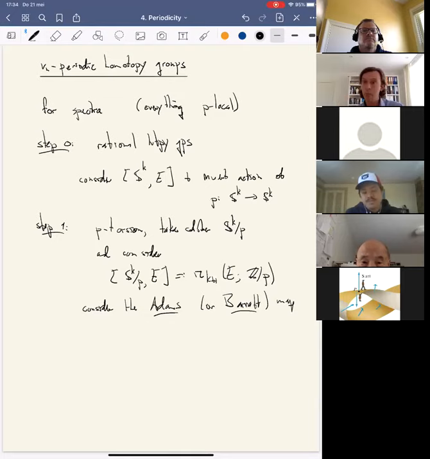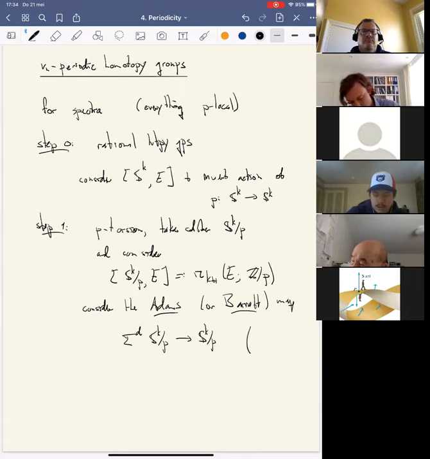So this is a self-map of the mod p Moore spectrum, but now it includes a degree shift. So it's really a map that goes from some suspension of the mod p Moore spectrum to itself. And this specific integer d is actually 2p minus 1 if p happens to be odd, and you have to take it to be 8 if p is 2. So as usual, p equals 2 is slightly anomalous.